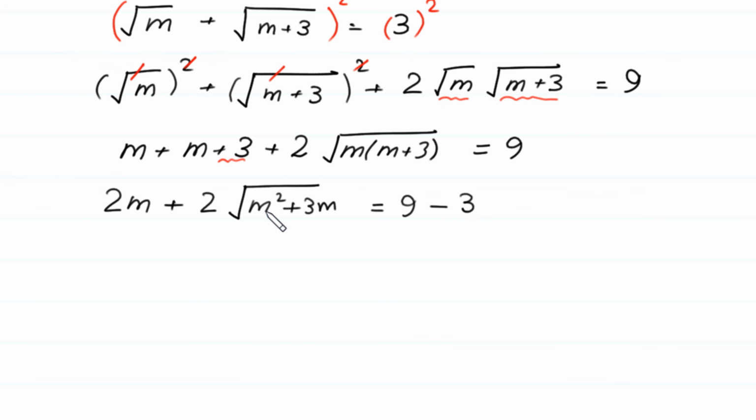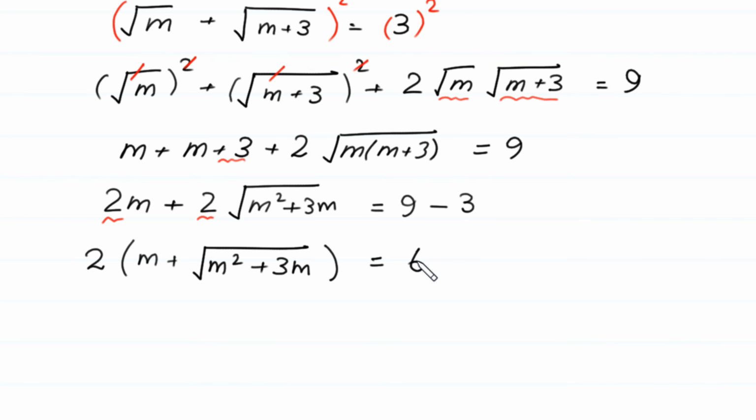Now from here you can see that 2 is a common factor, so we factor out 2 from here. 2 times, in bracket left, m plus square root of m square plus 3m is equal to 9 minus 3, 6.